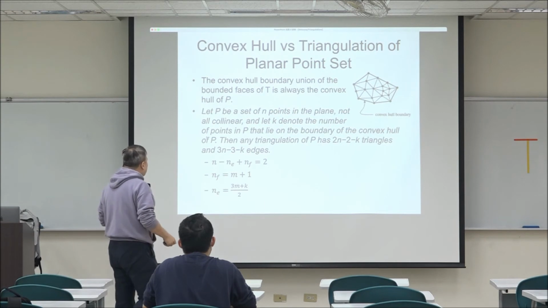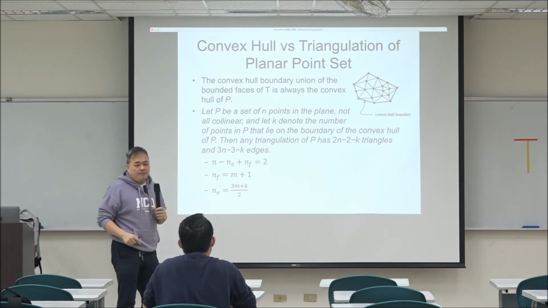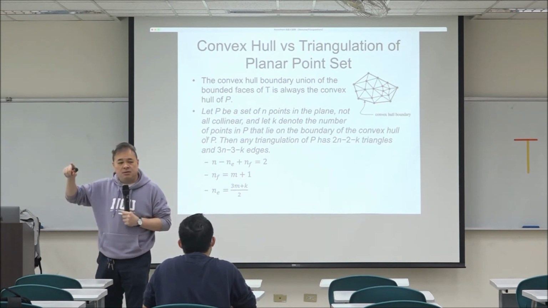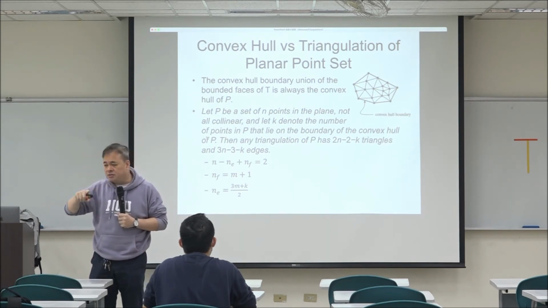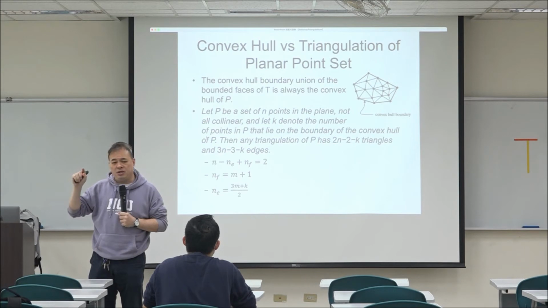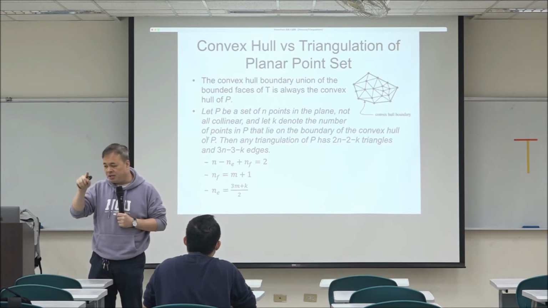Okay, we know each triangle has 3 edges, right? So when you count all the edges from all the triangles, it's going to be 3n, right? But be careful when you do this calculation.